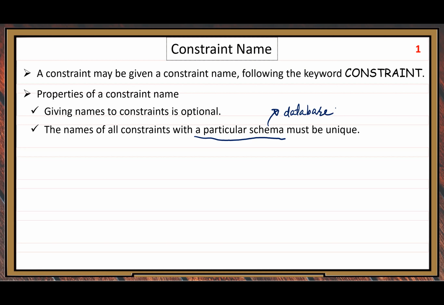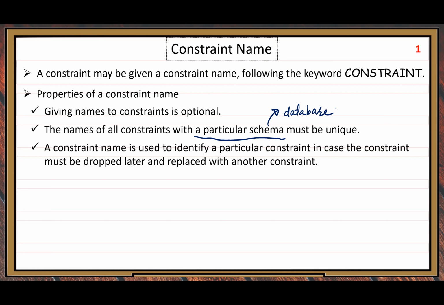So within one database, your constraint names must be unique. But for different databases, if you use the same name, there is no problem and no conflict, because they are independent databases.